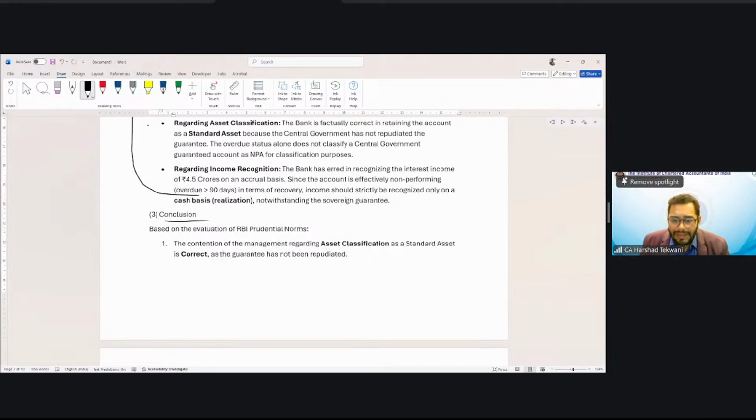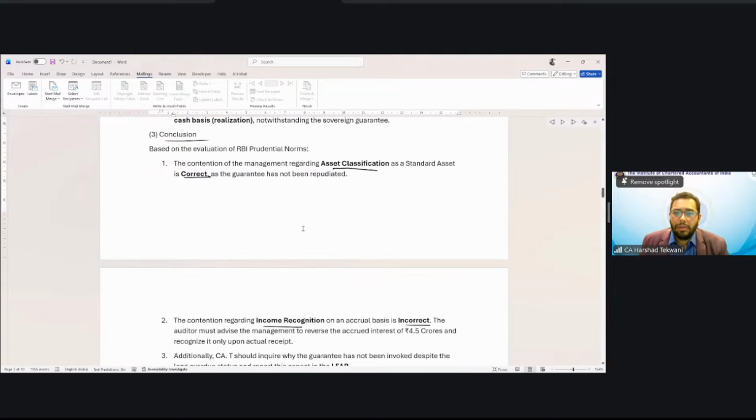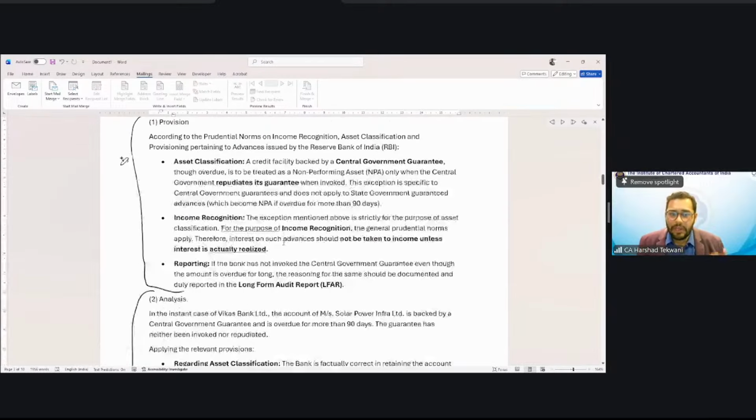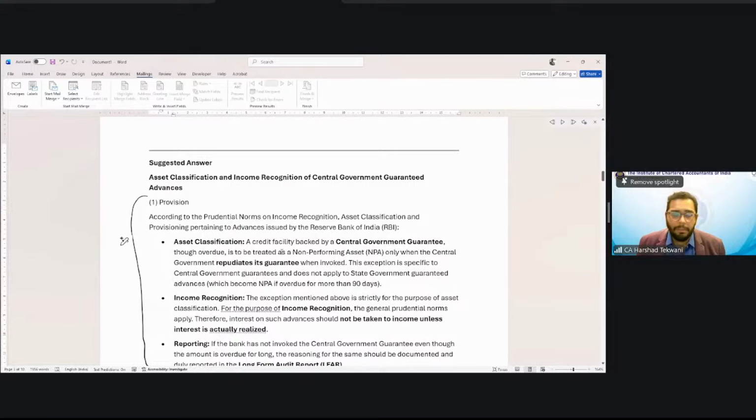For example, asset classification is correct, but when it comes to the income recognition, that is incorrect. So this is how you can write the answer for these types of questions: give the provision, whatever you remember, then do the analysis of the case, and then give your conclusion over the case scenario.